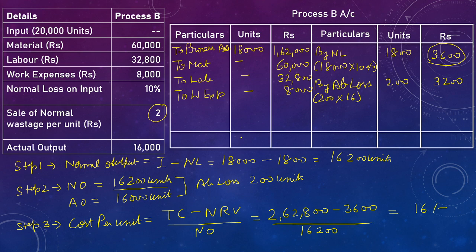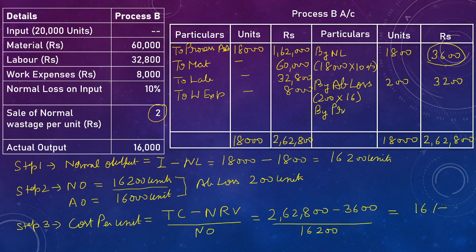So first we have to total the debit side, which is in units column 18,000, and in amount column 2,62,800. Again we write these two values on credit side, 18,000 in units and 2,62,800 in amount column. The balancing value is transferred to process C account.